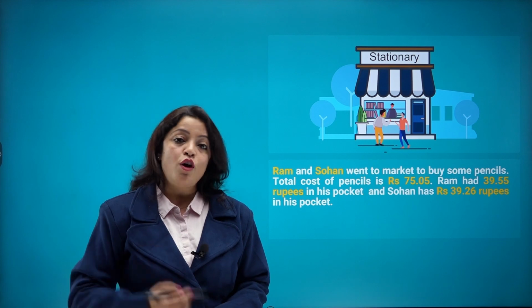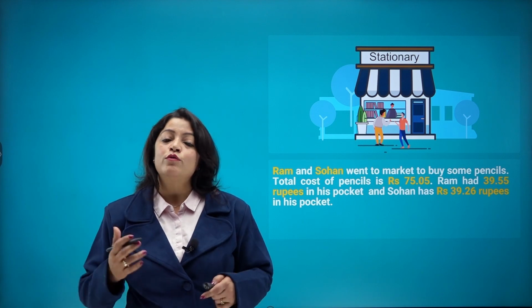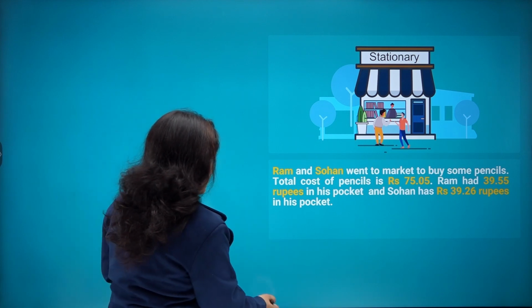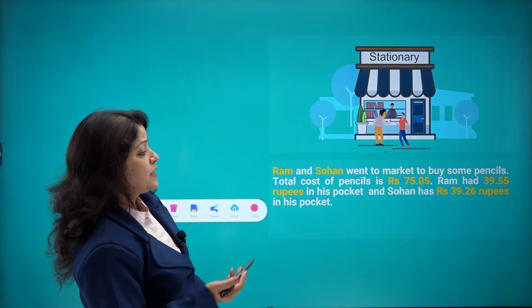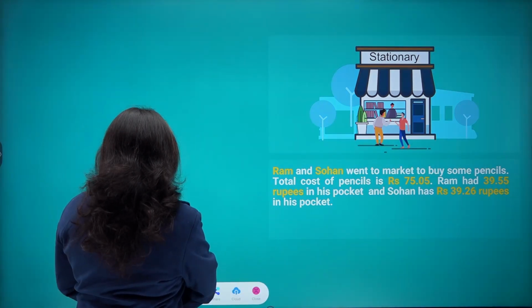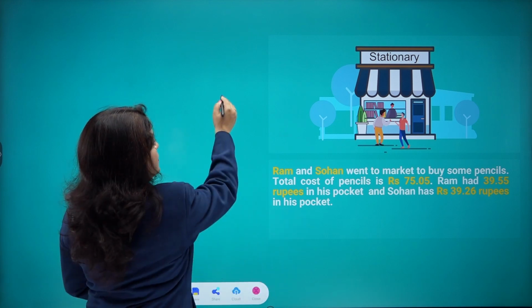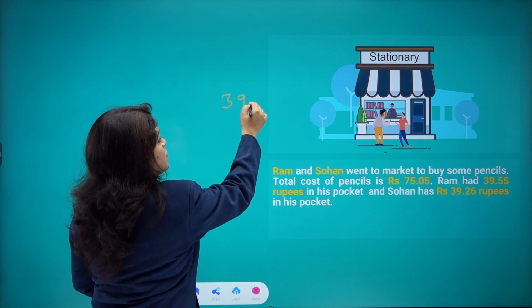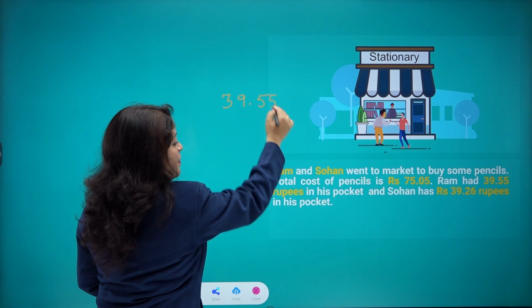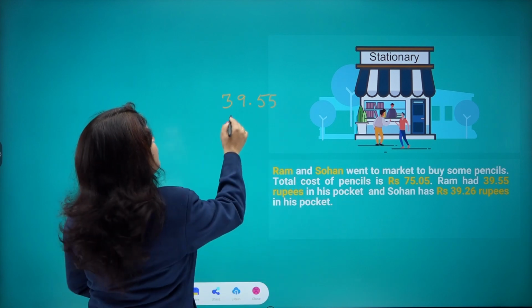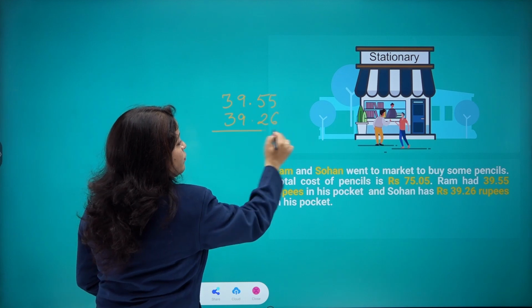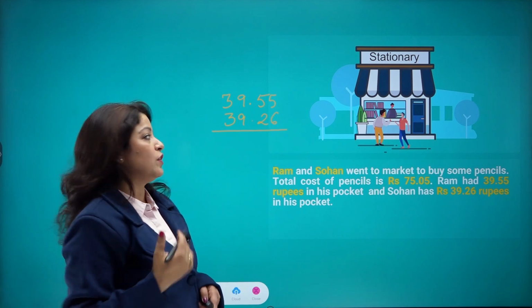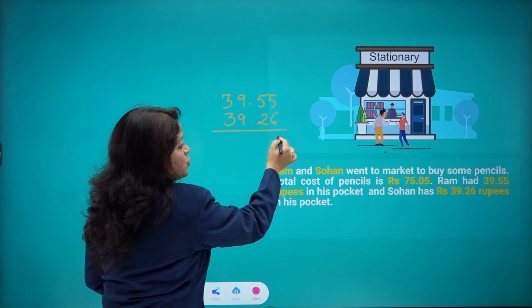So, from this problem, what do we actually want to see? Just see what is the total amount they both are having. We can see Ram is having 39.55 rupees and Sohan is having an amount of 39.26, right? So, the total amount which they both together are having is how much? Let me add them together.